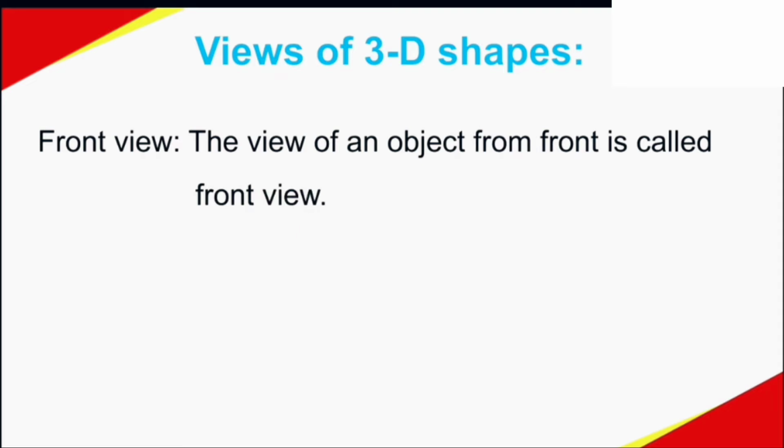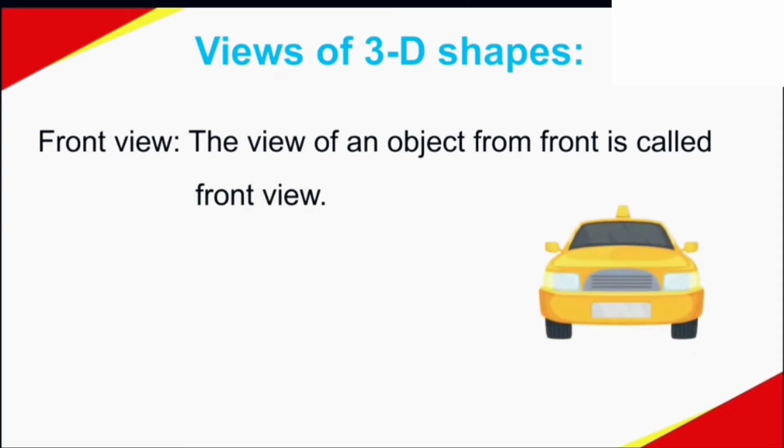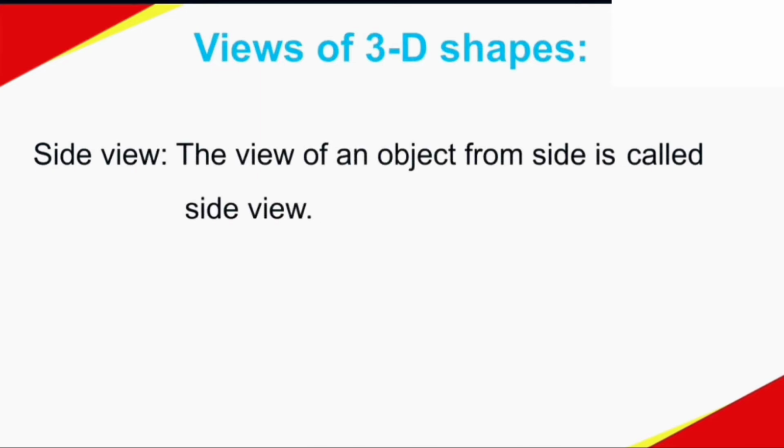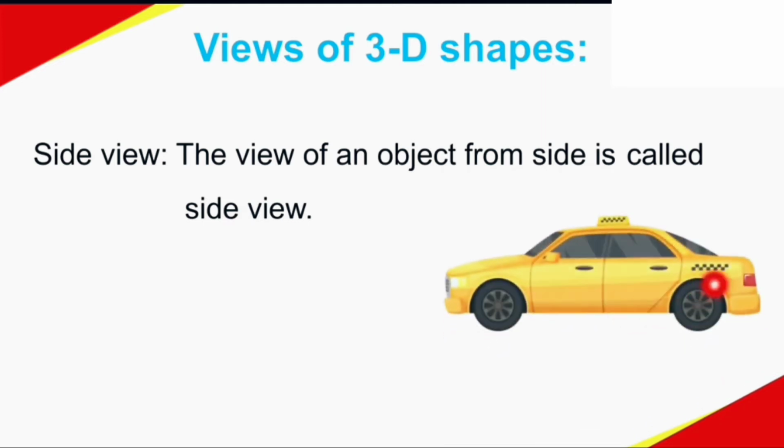For example, children, this is the front view of a car. Next, side view. The view of an object from side is called side view. Children, for example, this is the side view of a car.